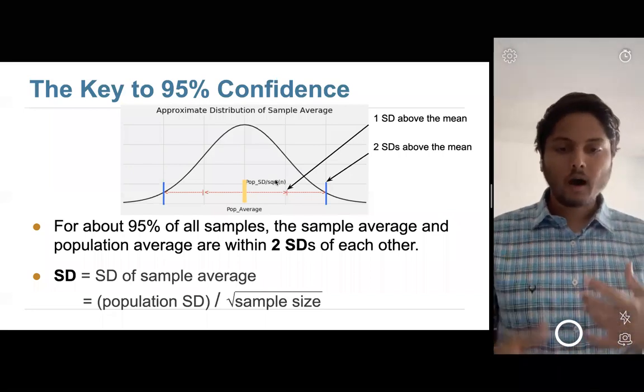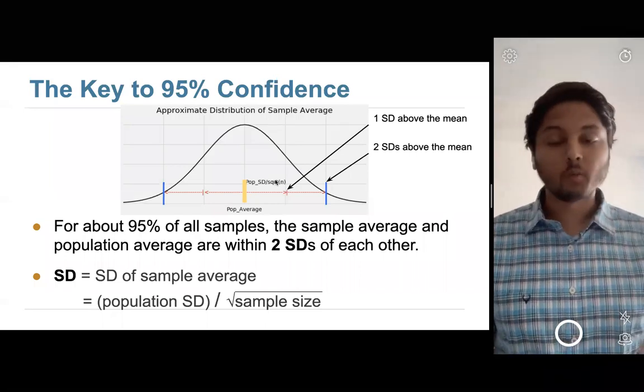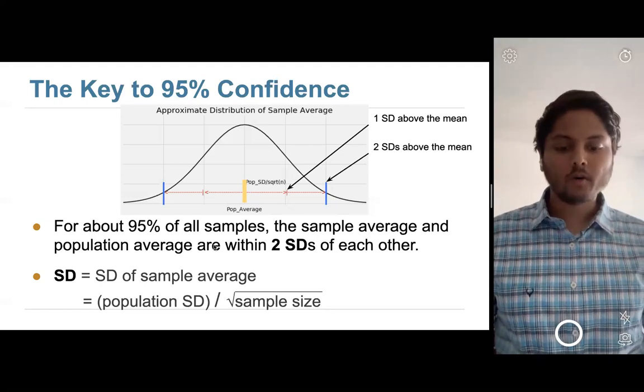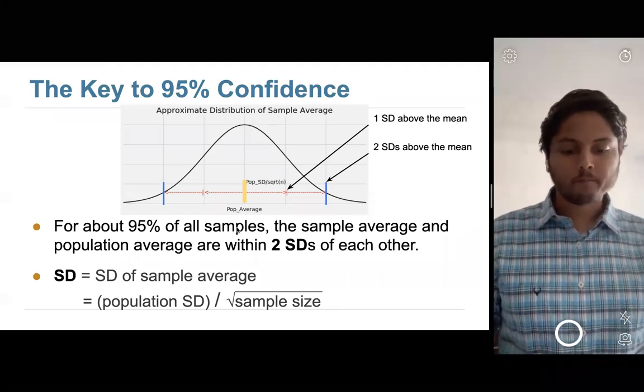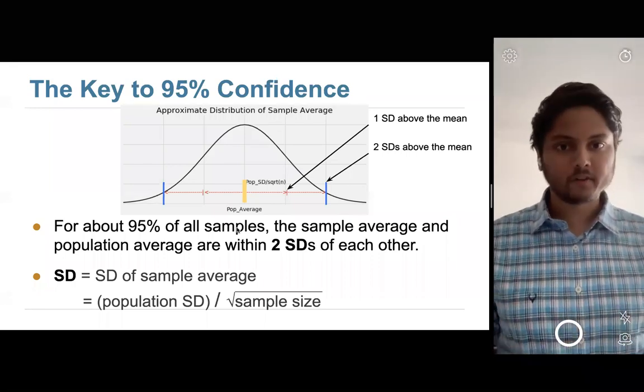This is a fact about normal distributions in general, so how does it relate to sample averages? We know that with sample averages, if your sample size is large, the distribution of your sample average is roughly normally distributed.